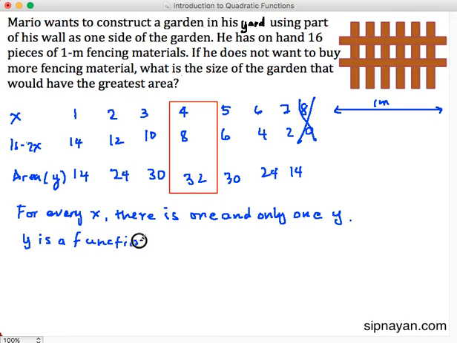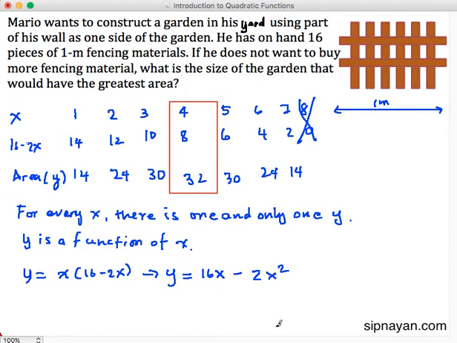And definition of function, diba? Y is a function of x. And in fact, since y is the area of the rectangle of the garden, so y is equal to x times 16 minus 2x. So pag sinimplify natin yan, magiging y equals 16x minus 2x squared.